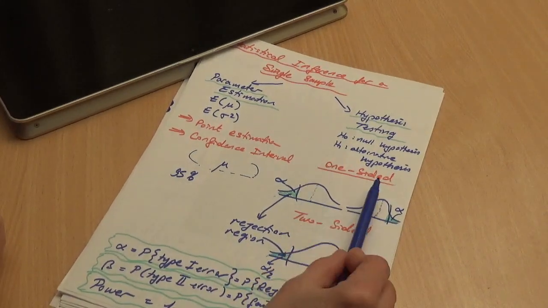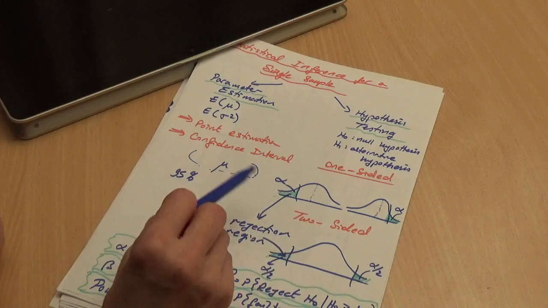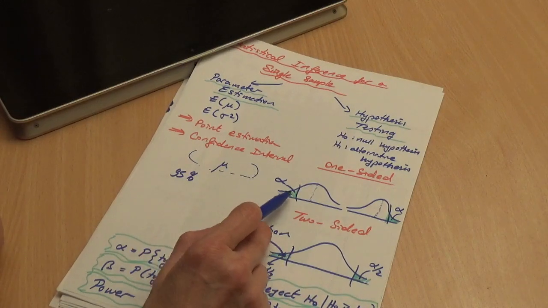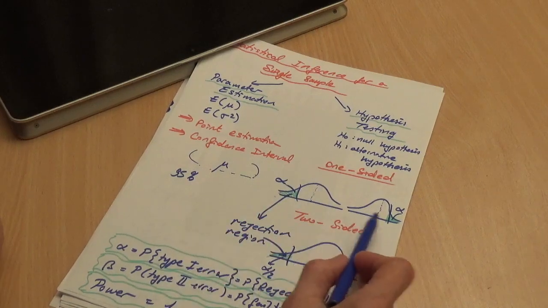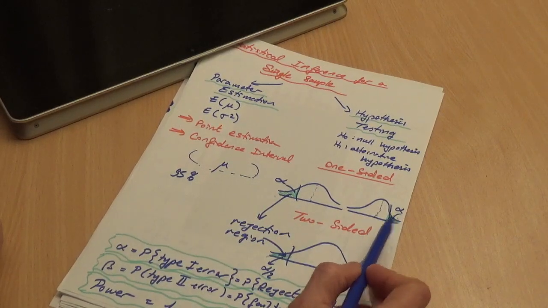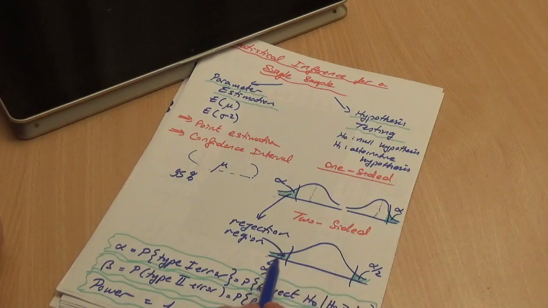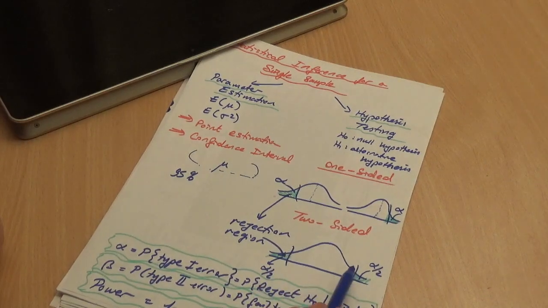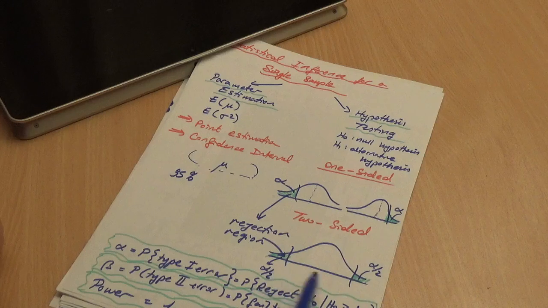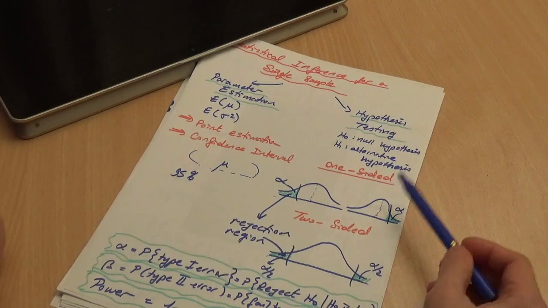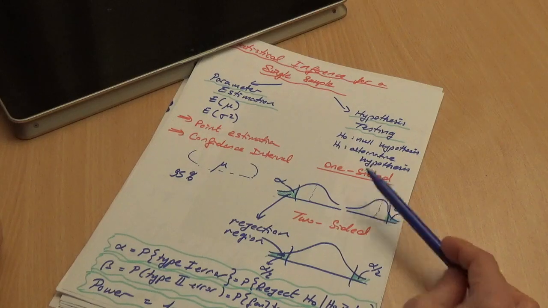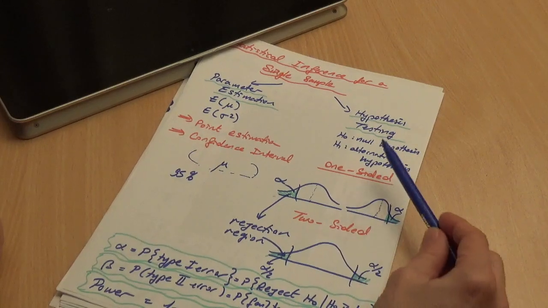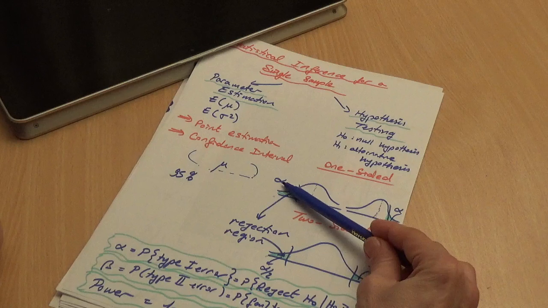So one-sided means we only have a lower limit for this one, or we have an upper limit for this one. For two-sided, we put limits for both sides, lower and upper limits. The important difference between one-sided and two-sided is that we have an alpha value.